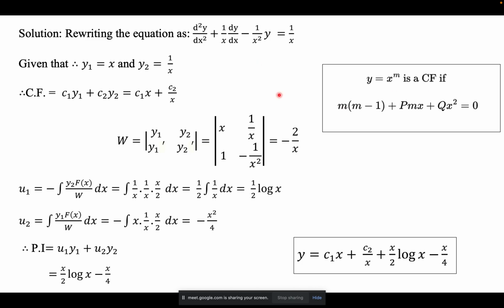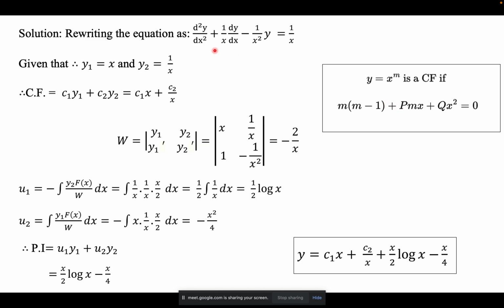So if you put the values of p and q from this given differential equation, you will see that both y1 equal to x and y2 equal to 1 by x are complementary functions of this equation, because if you take m equal to 1 or m equal to minus 1, both satisfy this condition.